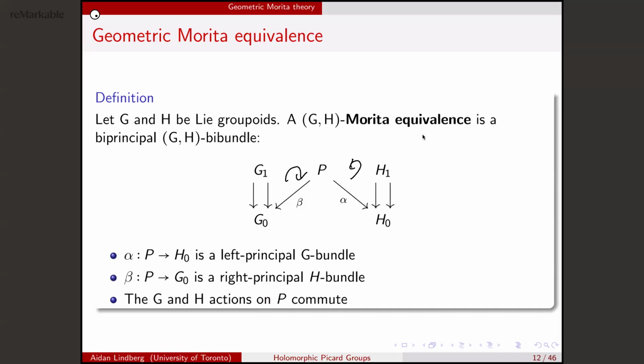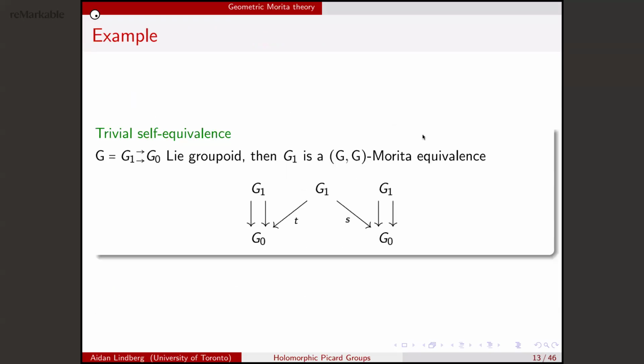Okay, so that was a lot of data. You can ask, do these things ever exist? And for every groupoid, there's a canonical Morita equivalence. We can just take the space of arrows of the groupoid, and this is going to be a Morita equivalence to it. So why is this true? Let's pick some g in G1. Now what I need to do is specify a left action.